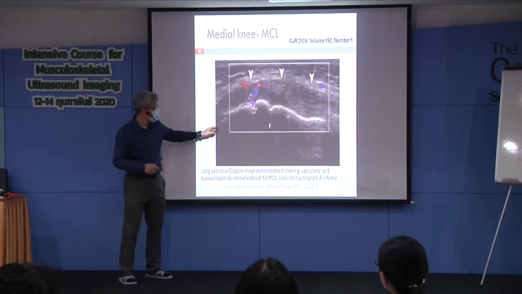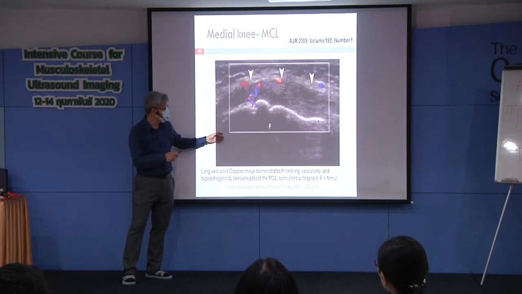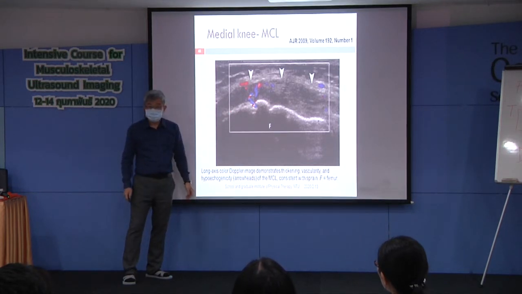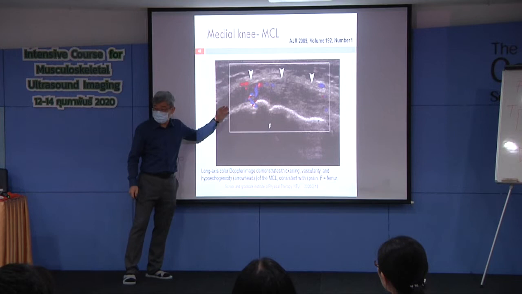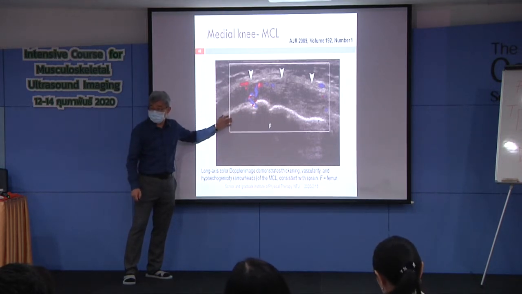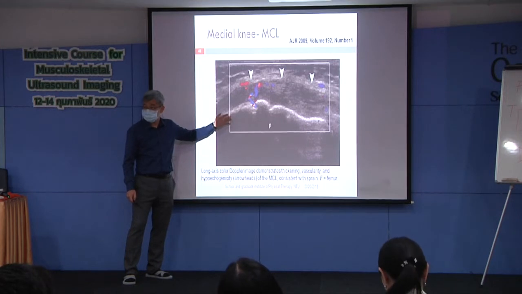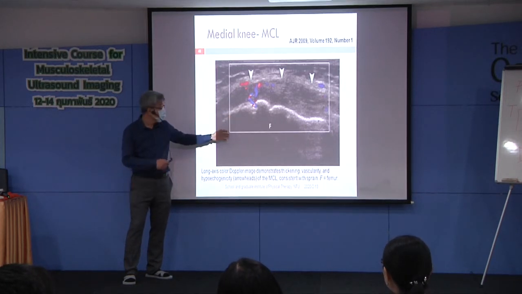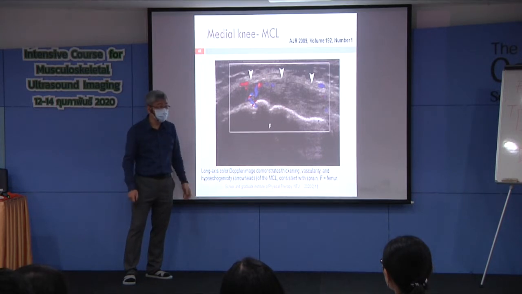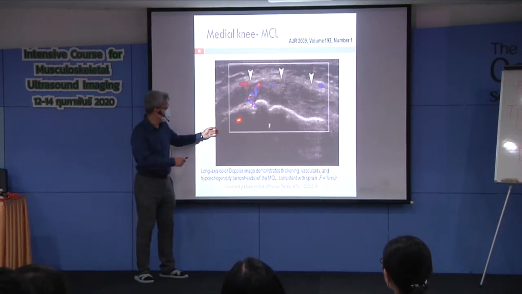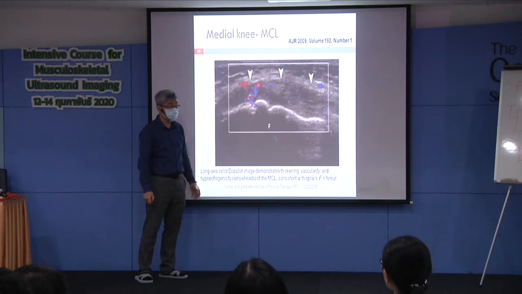The author used color Doppler. There must be a lot of bleeding. So it's an acute traumatic injury to the medial collateral ligament. The blood flow is very high, so the author used color Doppler.